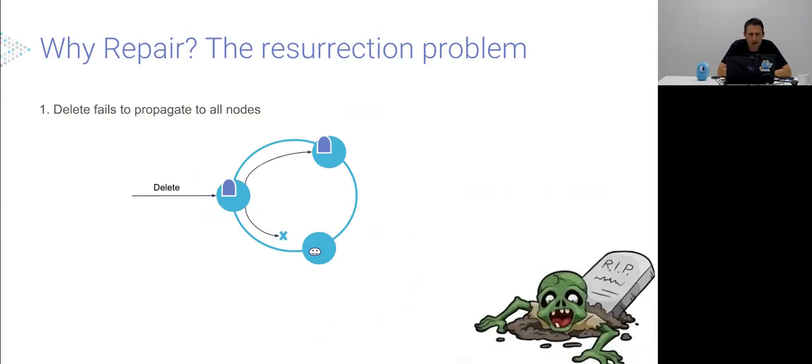In Scylla and other similar NoSQL databases, there is no real delete operation. When you delete a value, you're actually doing an insert of a tombstone. So you bury the value in a grave and put a tombstone on it. And if you query the same data, the tombstone will signal back to the client that there is no value.